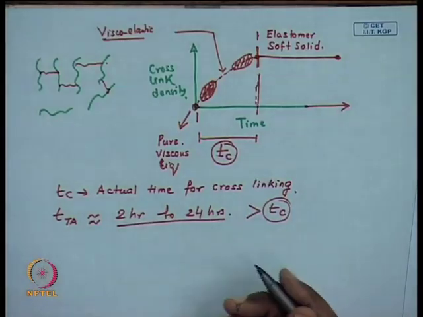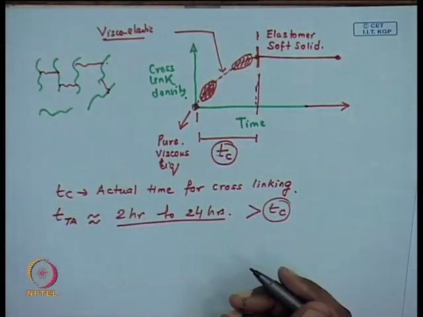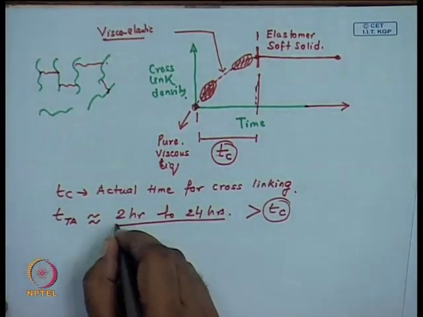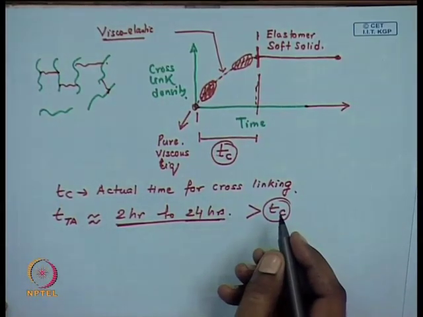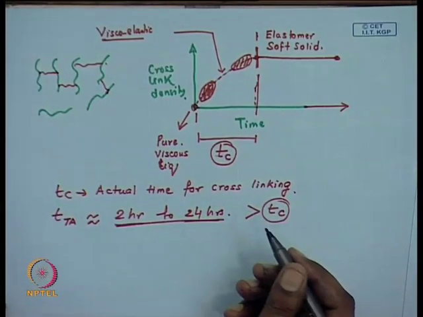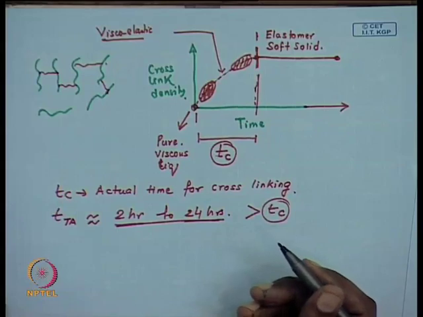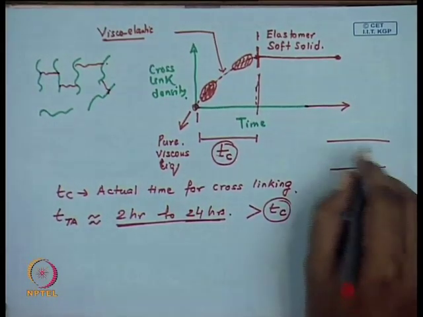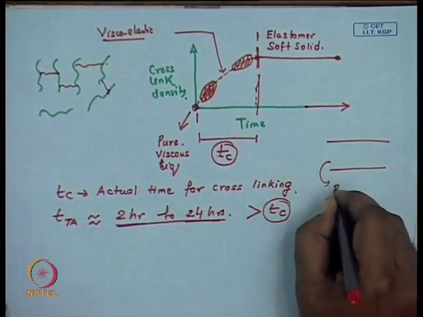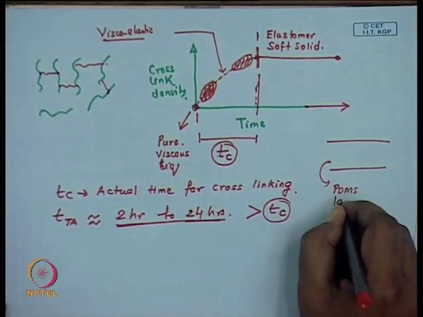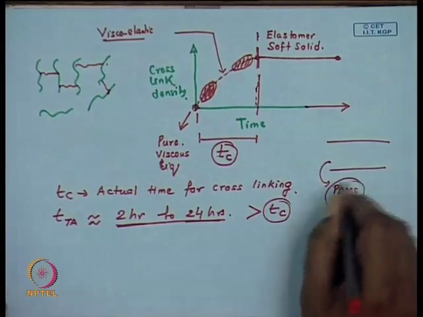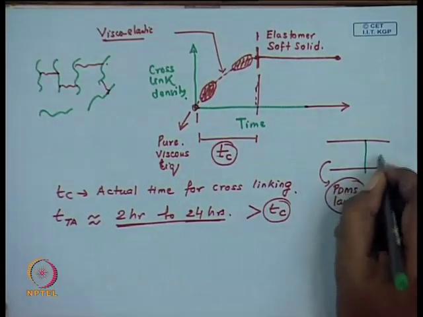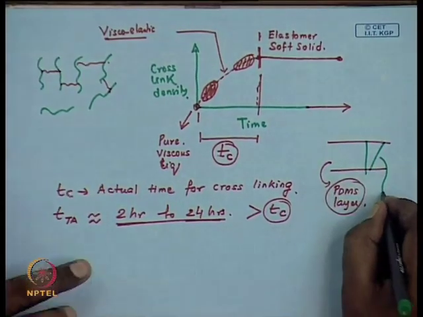Of course, there are a number of issues, in that the time is not completely insignificant, because there are certain cases where the heating within the layer, this is the PDMS layer, may not be uniform. So, there might actually be a temperature gradient.